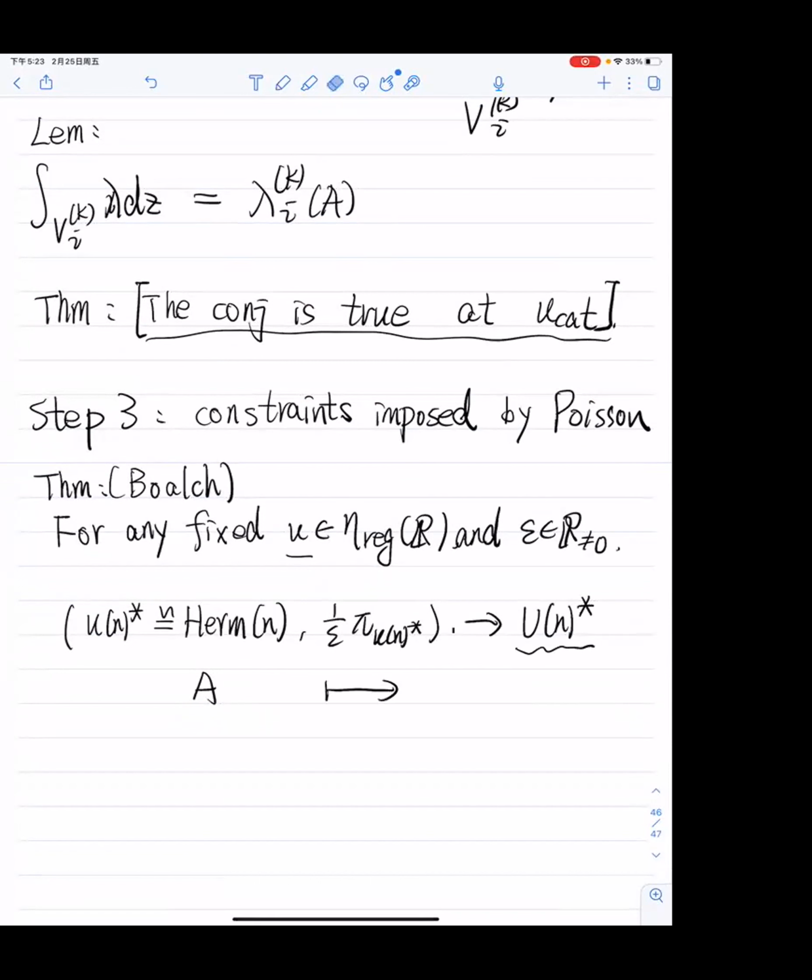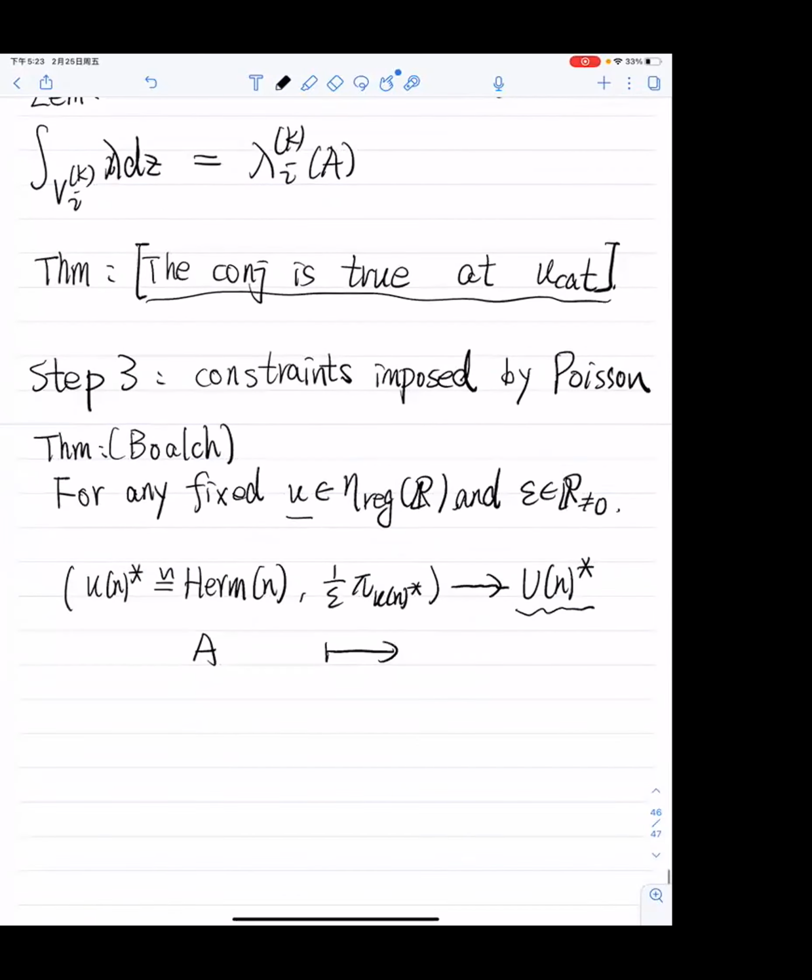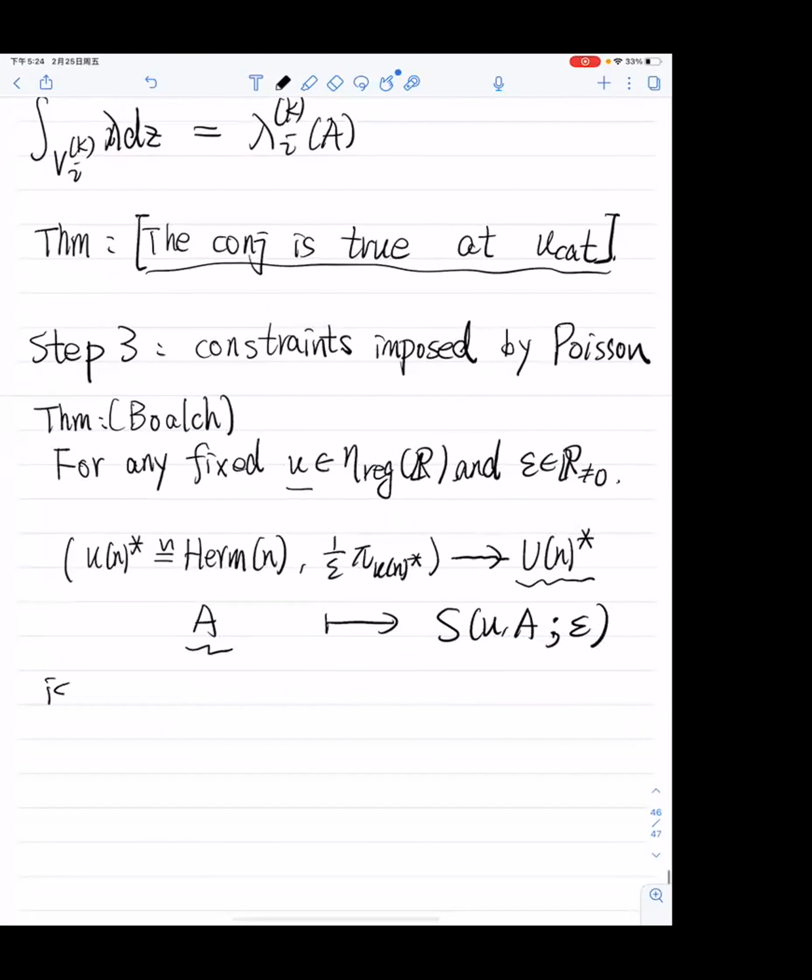Sorry, I should denote this with arrows, not with maps. So this map assigns any A simply to the Stokes matrix of A. For each non-zero epsilon, he proves that this is actually a Poisson diffeomorphism.